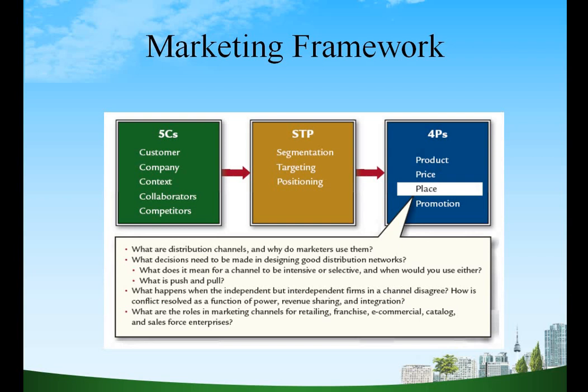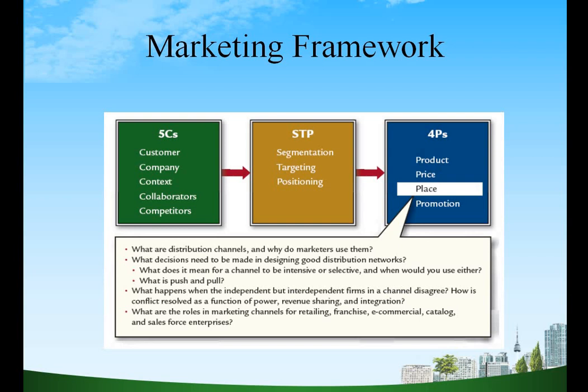The process phase, which involves STP, means segmentation, targeting, and positioning. And the later stage involves the primary 4 P's of marketing: product, price, place, promotion.